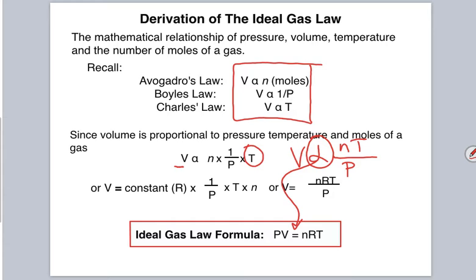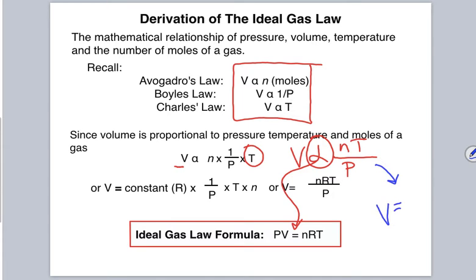And so if we introduce this gas constant, then we can change that proportionality symbol into an equality. So now V is proportional to NT over P becomes an equality.